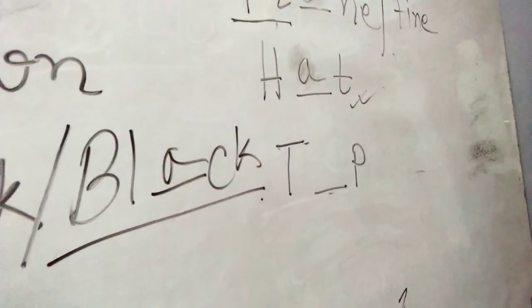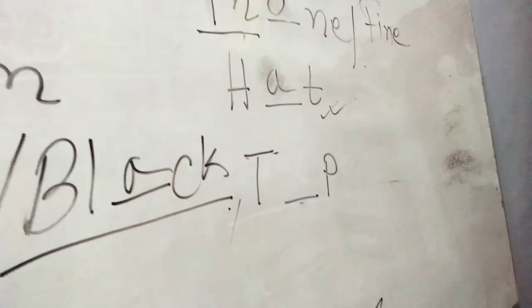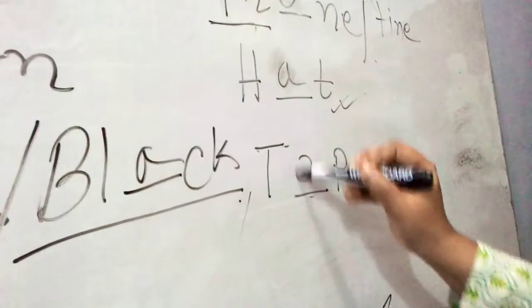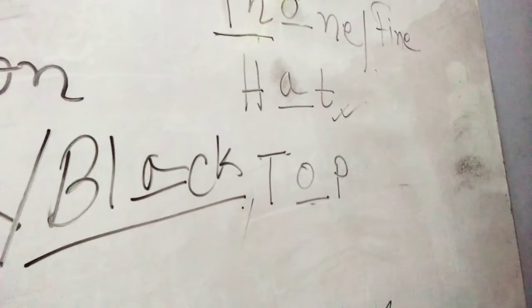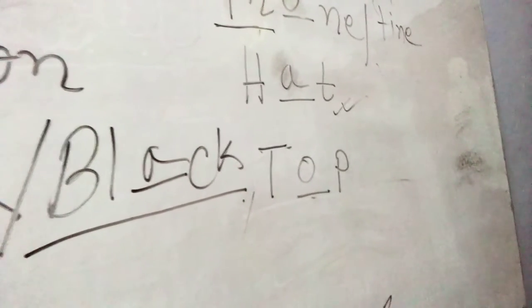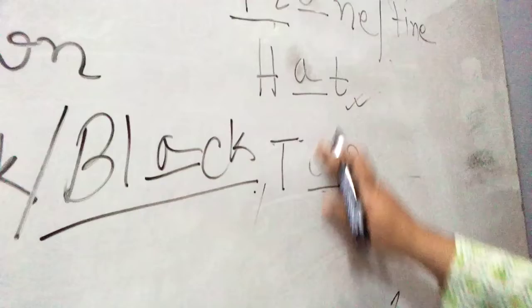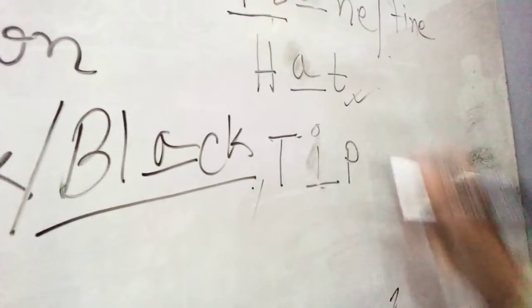Now coming to the last one, this is T dash P. It also gives you different meanings with different vowels. Like if I put O, it becomes top. Top means the very upper part, or sometimes top is a kind of playing tool. If I put I, it is tip.